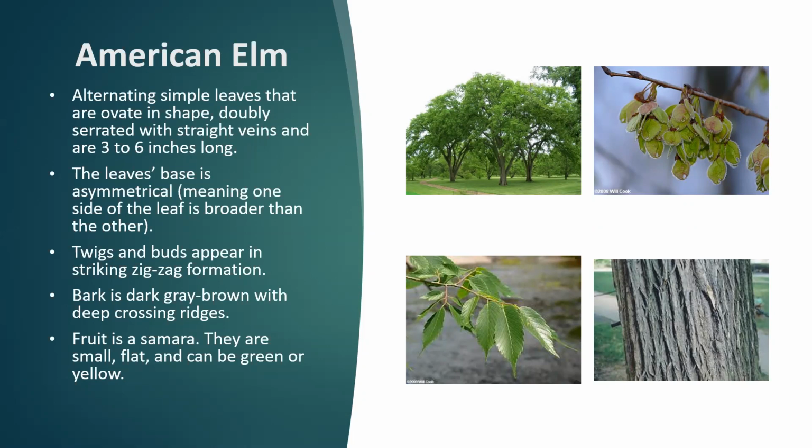The American elm is used by a lot of different species. This is another species that shows a real prominent effect of that zigzag pattern that alternate trees are known for. It's very common on elms as well as the eastern redbud, like we mentioned a little bit ago. Very similar to the maples, the fruit on an elm is going to be a samara.